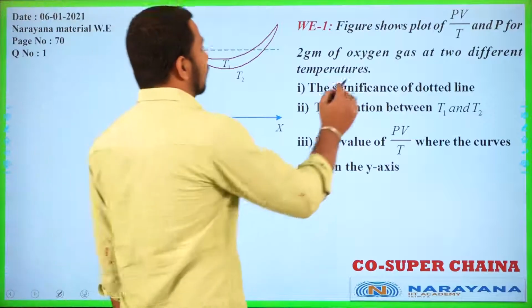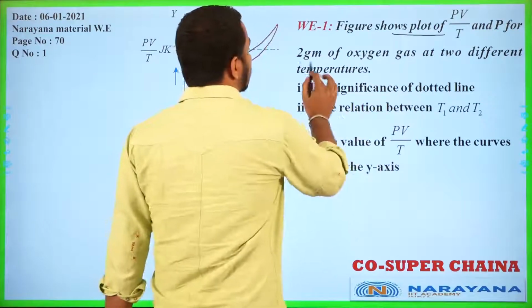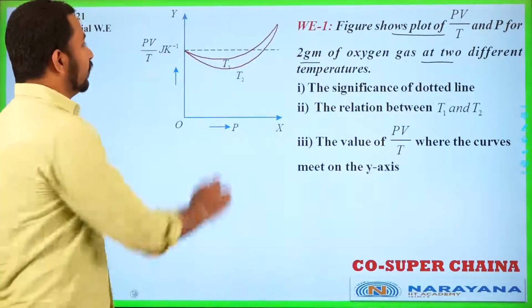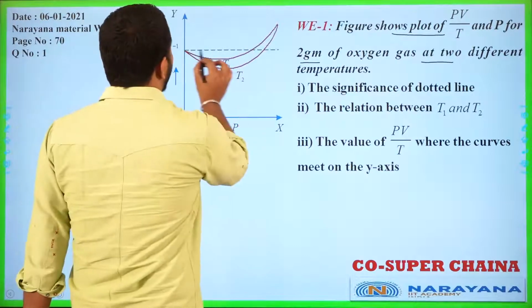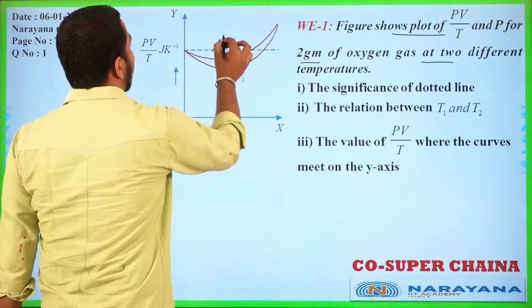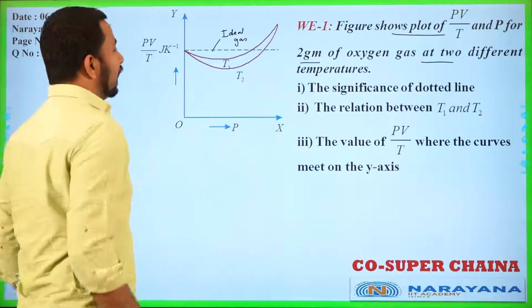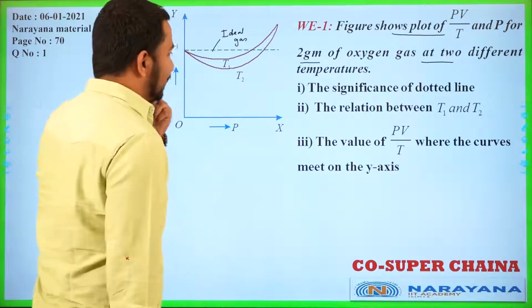The first question is, figures show a plot of PV by T for P is equals to 2 gram of oxygen gas at two different temperature T1 and T2. This is a graph of an ideal gas, and we have a plot of two graphs at T1 and T2 temperature.